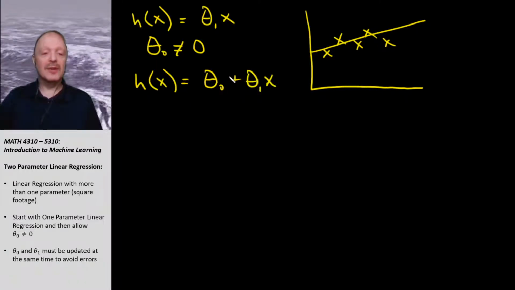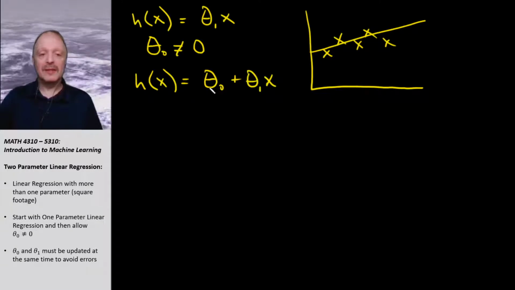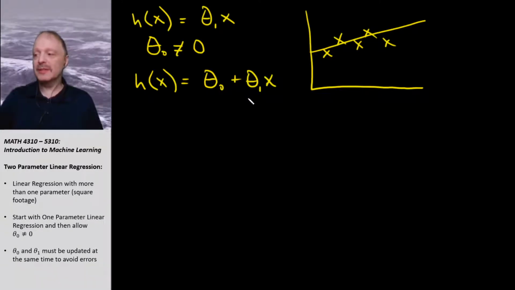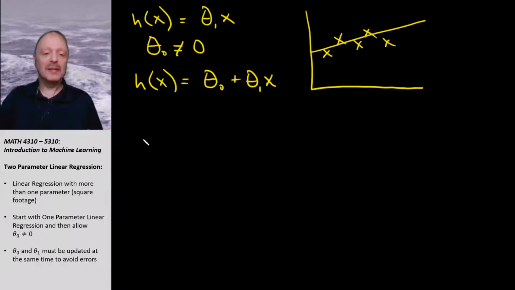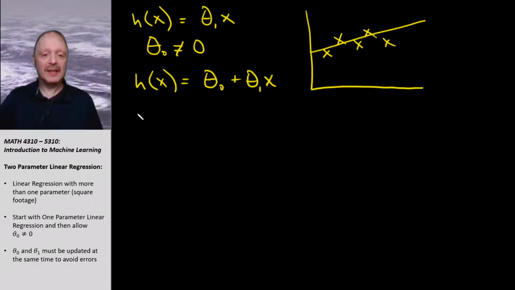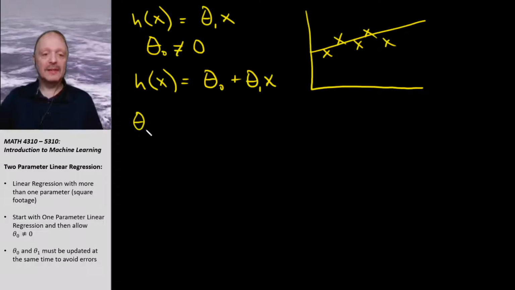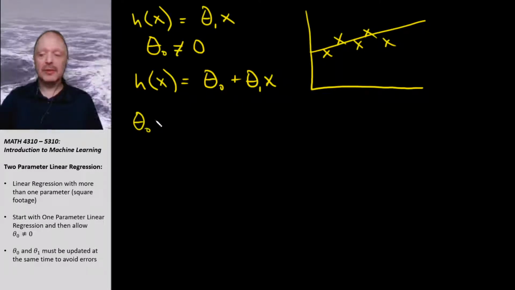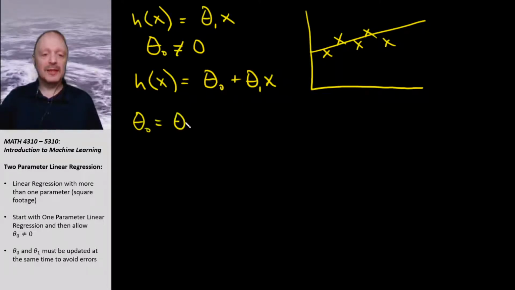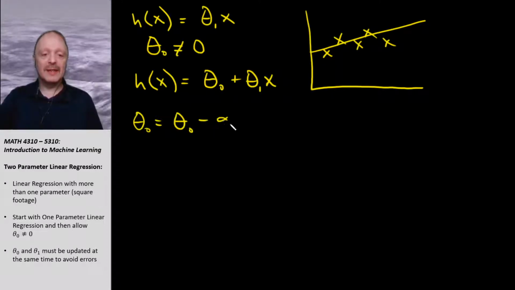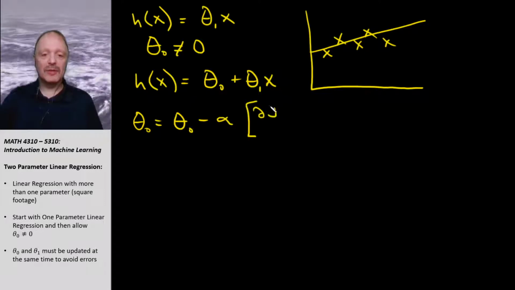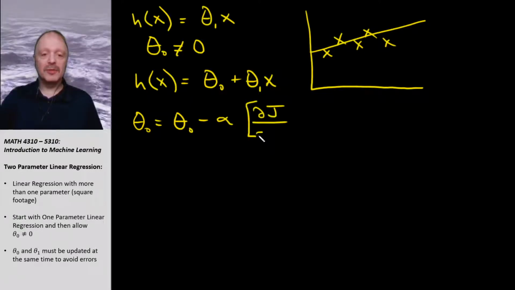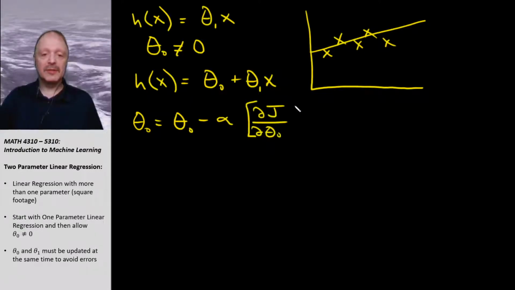If we change our hypothesis function to be this, we have to be a little bit careful, because now we're going to say that theta sub 0 is equal to theta sub 0 minus alpha times, and I'm just going to call it the partial of the cost function with respect to theta sub 0.